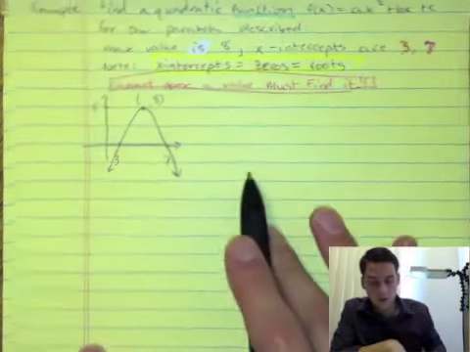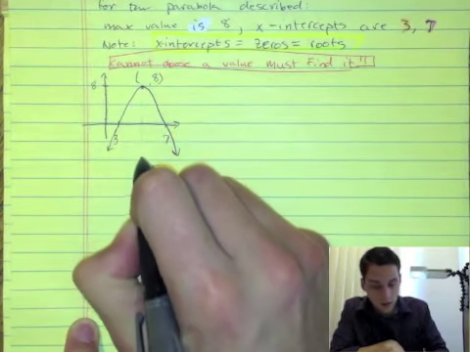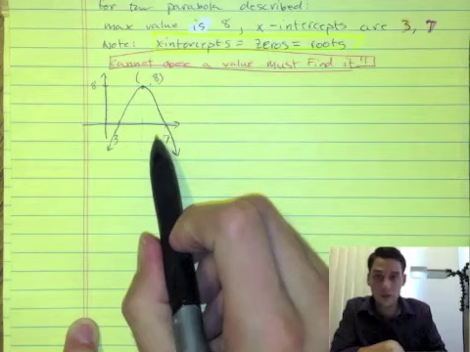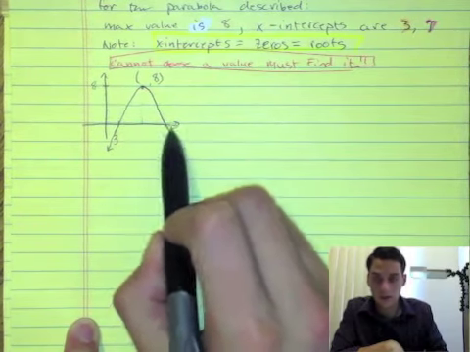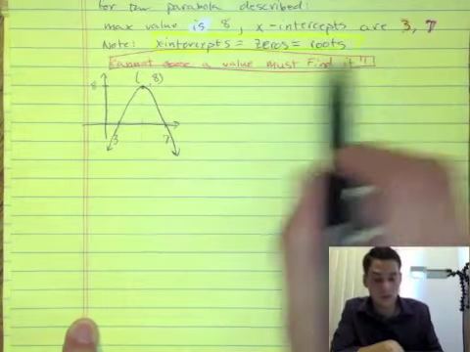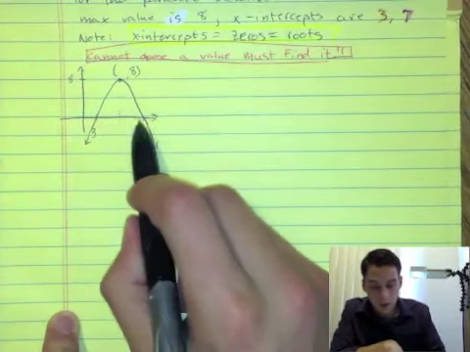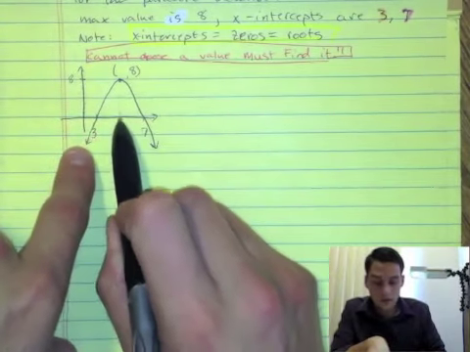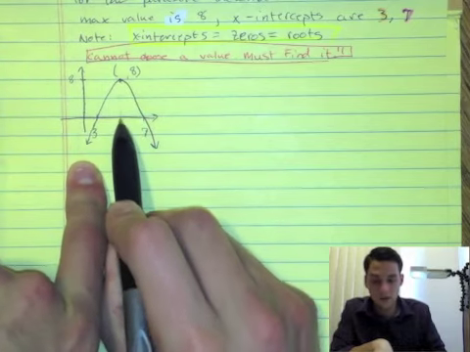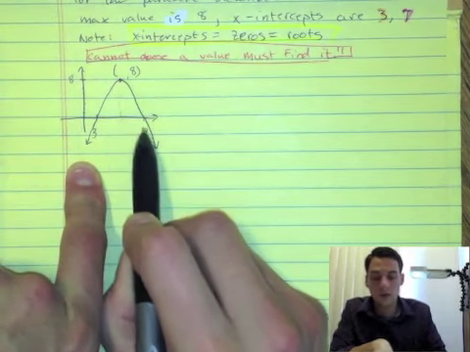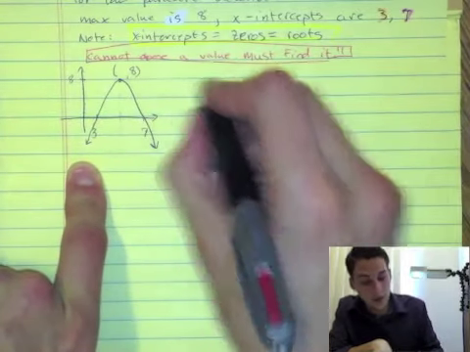Something that is always true for parabolas is the x coordinate is always on the axis of symmetry, and the axis of symmetry is always halfway between the roots or the zeros or the x-intercepts. So all we have to do to find the x value of the vertex is to find the middle point of the roots. And we can do that by finding the average.